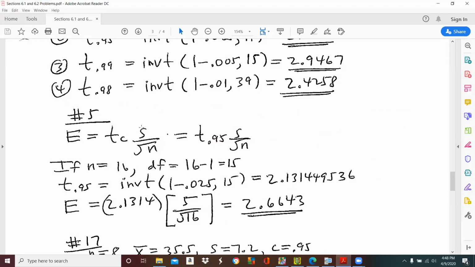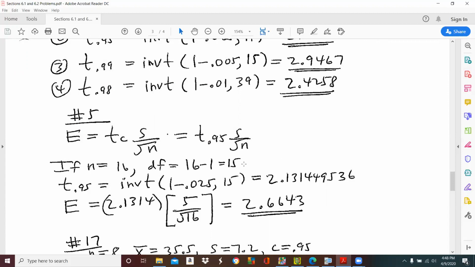It's the critical value times the standard error, which is S divided by the square root of N. Now, if N is 16, that means the degrees of freedom is 15. You need to find the critical value for a 95% confidence interval. That means the area to the left is 1 minus 0.025. The degrees of freedom is 16 minus 1, which is 15.